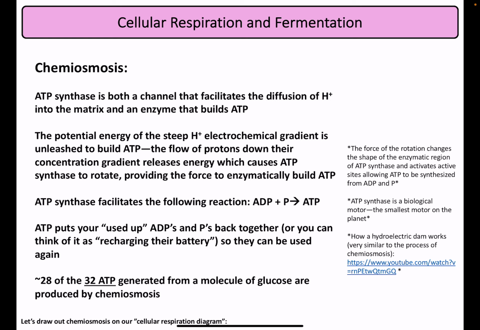Okay? And remember, the whole goal of this process of cellular respiration is to turn small digested food molecules like glucose, release their energy, so we could put our ATPs back together, so we can recharge them in a sense, so we can continue to do everything that we do as a living thing.